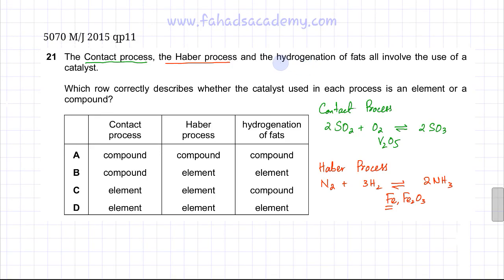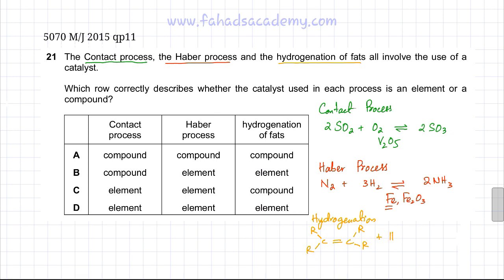And the last reaction is the hydrogenation of fats. In hydrogenation, you have unsaturated vegetable oil. Any vegetable oil has these double bonds in it, carbon double bond carbon, and you have the rest of the molecule over here. So I'm writing R for the rest of the molecule.